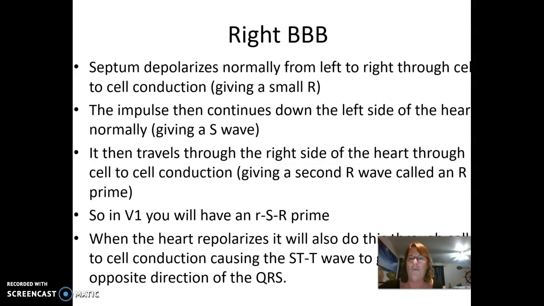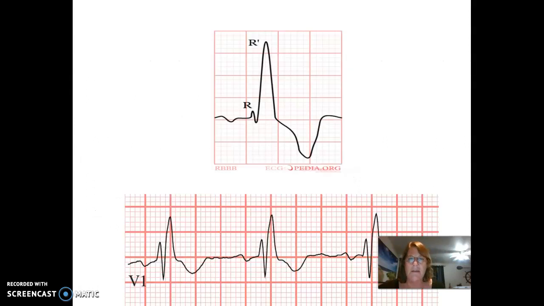Now again, when the heart repolarizes, it does that through cell-to-cell conduction as well, so you get ST and T wave changes going in the opposite direction. So here it shows you R comes down for an S, goes to a big R prime, and then we have ST and T wave changes just because of the bundle branch block. If something depolarizes abnormally, it tends to repolarize abnormally.